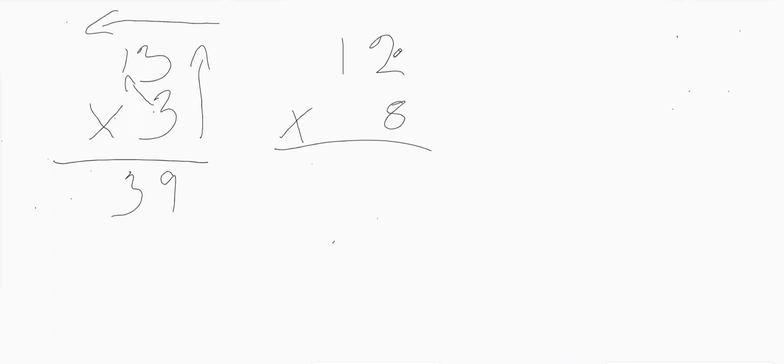So you have 8 times 2, because you're going to go from bottom to top, right to left. 8 times 2 is 16. But you're not going to write 16 here, because if you wrote 16 here, that would be wrong. So what you want to do is first, you want to write your 6. Now, you're going to write the 1 right here, above your problem. Then you're going to multiply 8 times 1.